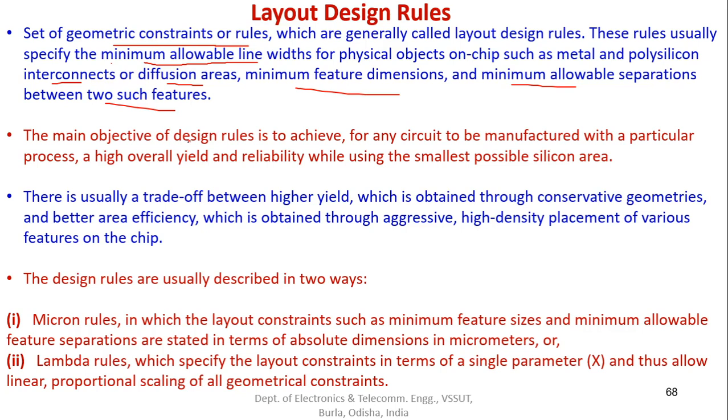The main objective of the design rules is to enable any circuit to be manufactured with a particular process, the fabrication process here, with high overall yield and reliability while using the smallest possible silicon area. We want high yield, a high number of working chips coming out of all the chips being produced.